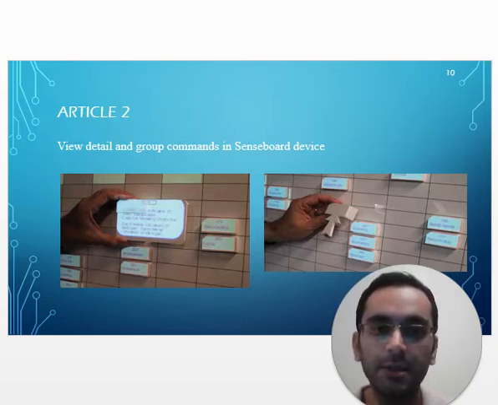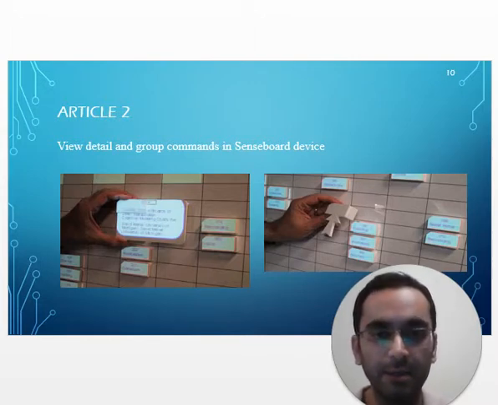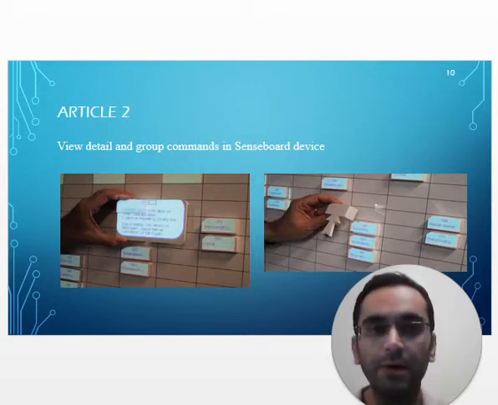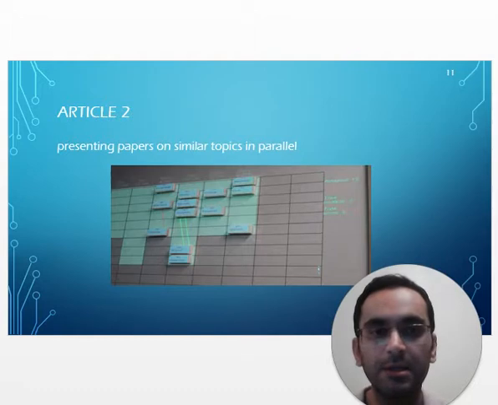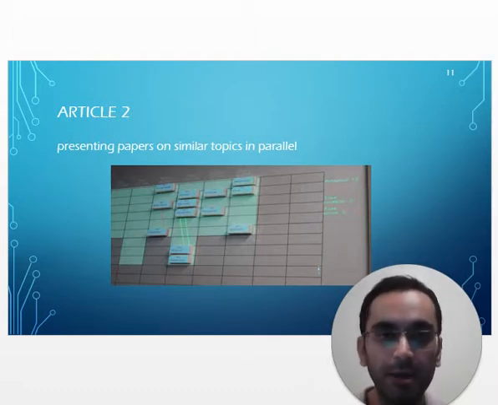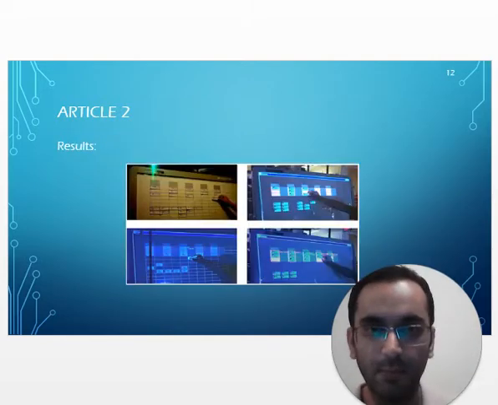The view detail command puck has a larger projectable surface than the data pucks. It allows the user to view additional information about a given item. For applying the group command by placing the command puck over the first of the items to be grouped. In this slide, you can see that when papers on similar topics are presented in parallel, color-coded lines are drawn between conflicting papers.